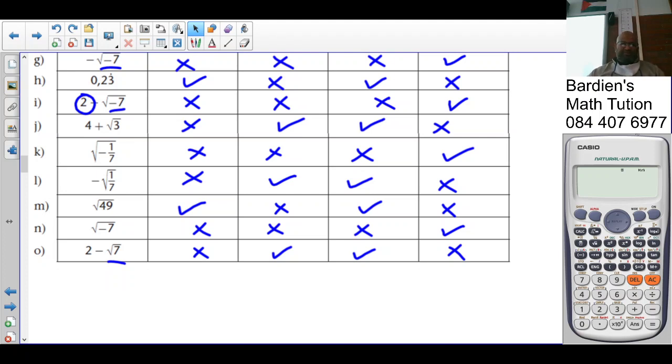So what was the problem in number 2? I'll sort that out. You now see why I didn't give you for homework the second column of number 2, because I knew that is a common problem that learners have.